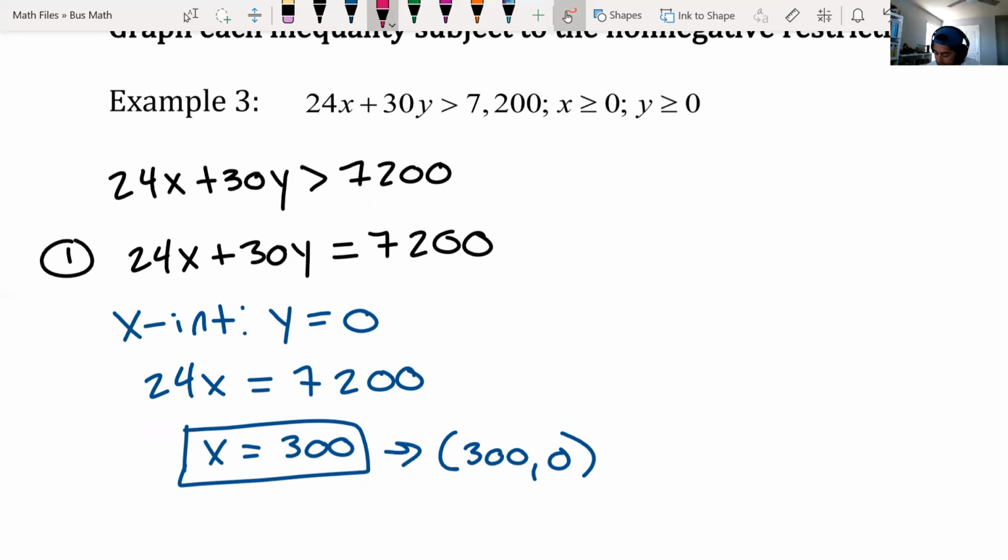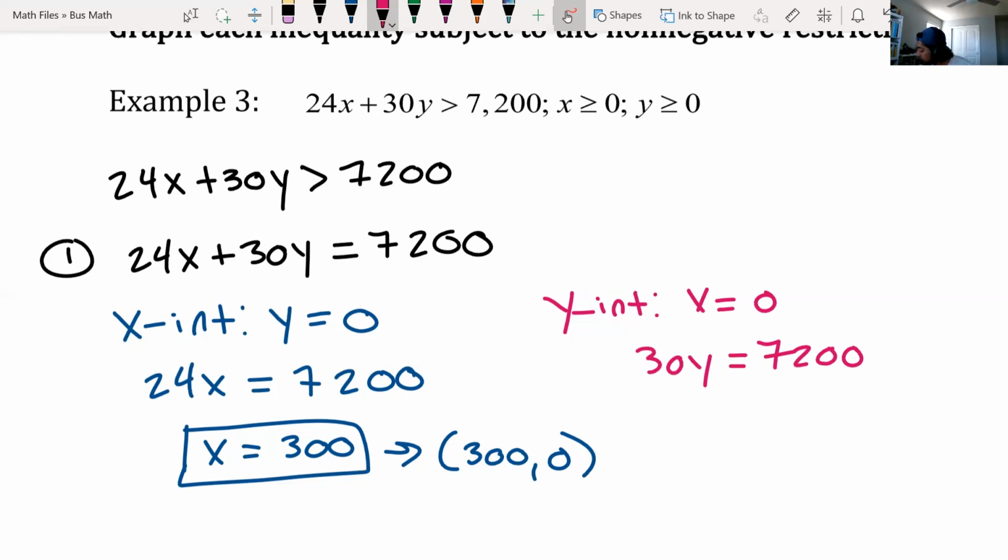And then y-intercept, you let x equal 0, and that's going to give us 30y equal to 7,200. Divide by 30, and we get y equals 240.